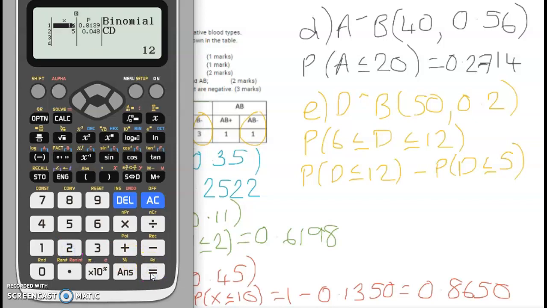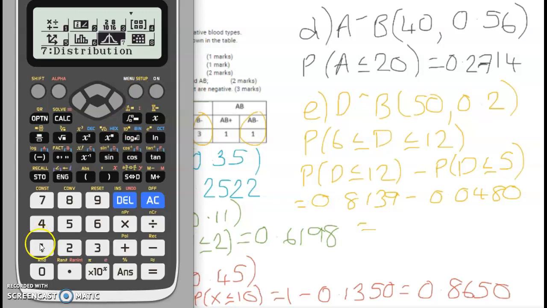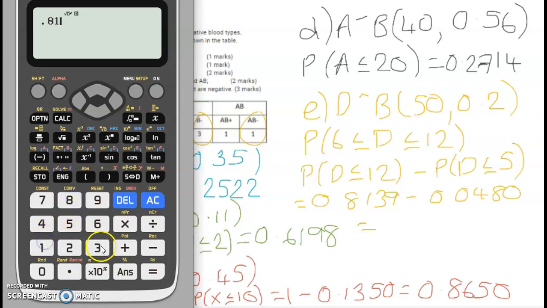So 0.8139 minus 0.0480. And just because I don't trust my mental maths, I'm going to go on to calculate, 0.8139 minus 0.0480, and that gives me the answer 0.7659.